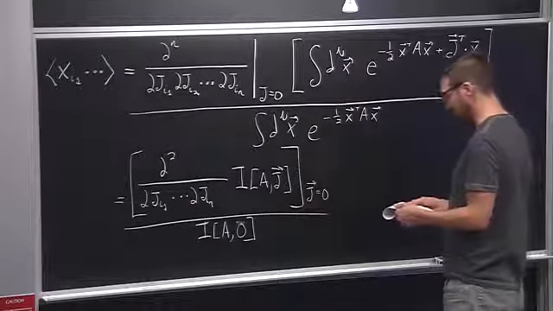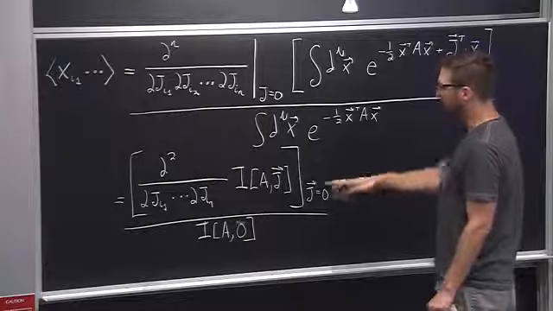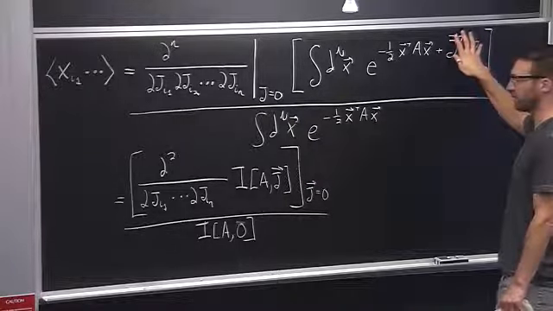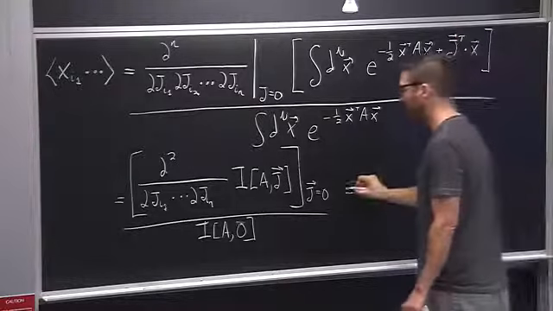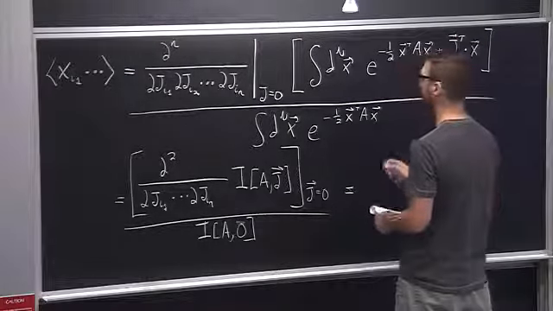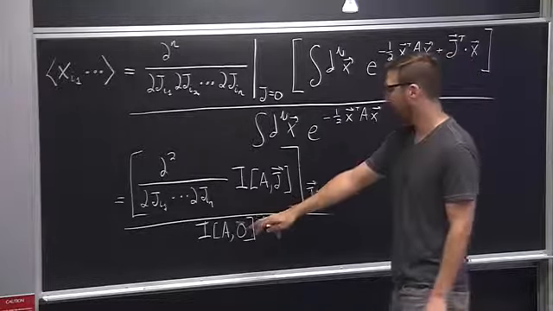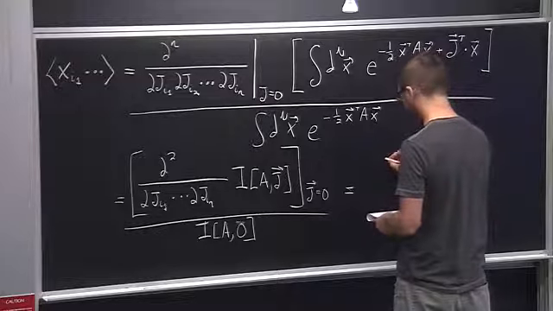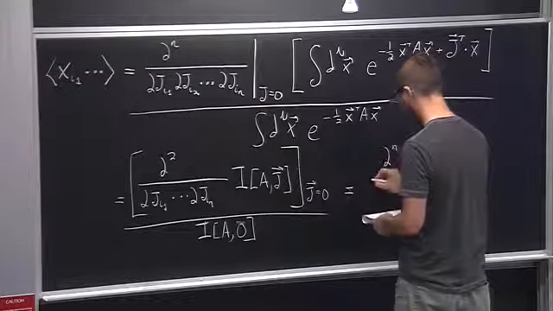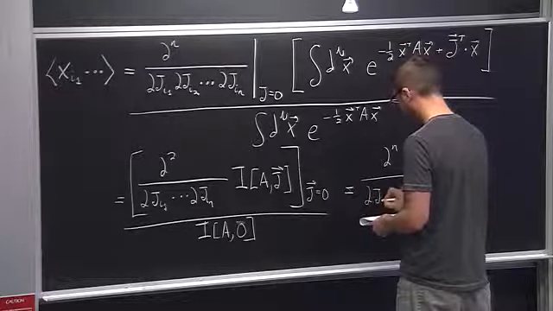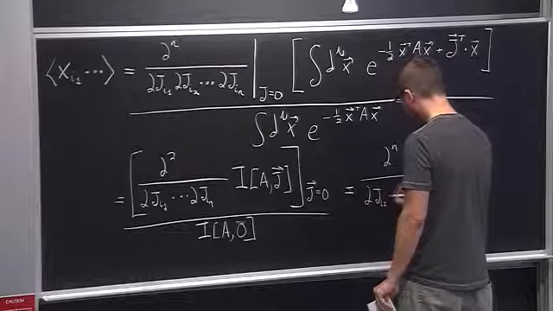X's, Y's, whatever. Okay, so I'm taking a derivative, but I'm only actually taking the derivative of this part with the J. So I can pull that out. And what's left is just I, A naught, which cancels on the top and the bottom. So I1.